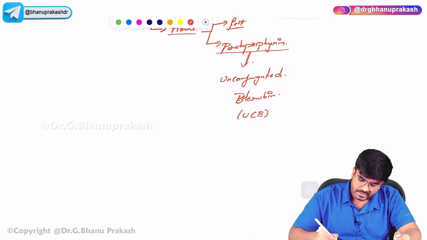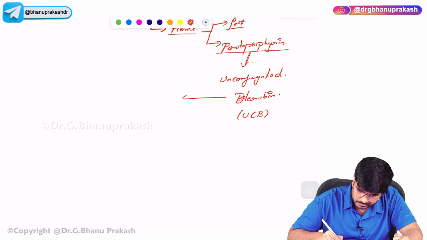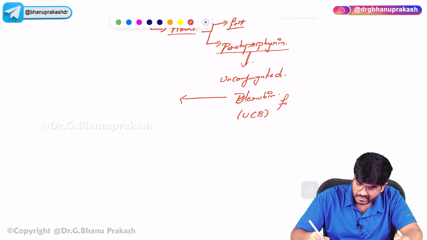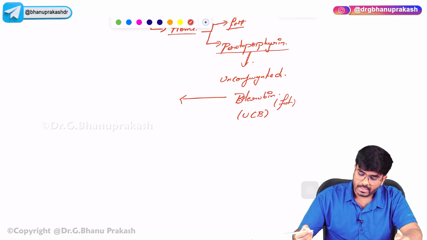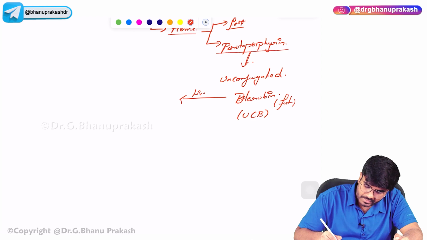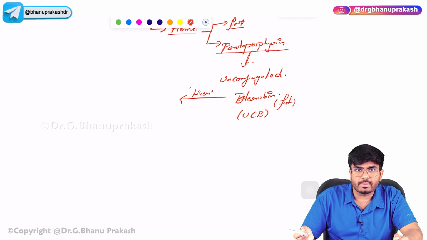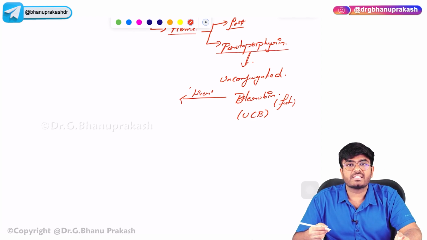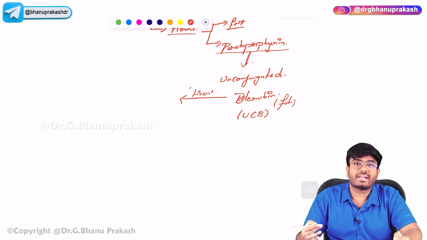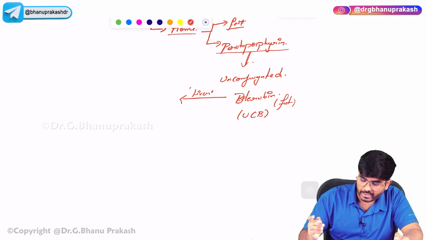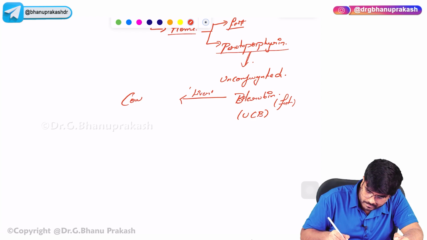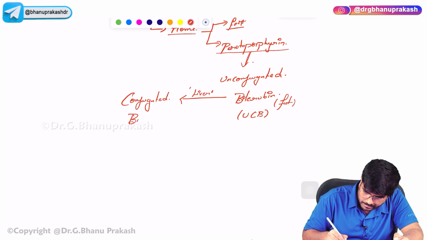It's a pigment. This unconjugated bilirubin, which is fat soluble, will never come out of the body; it will go to the liver. In the liver, with the help of the enzyme UGT, uridine glucuronosyltransferase, the unconjugated bilirubin will be converted into conjugated bilirubin.